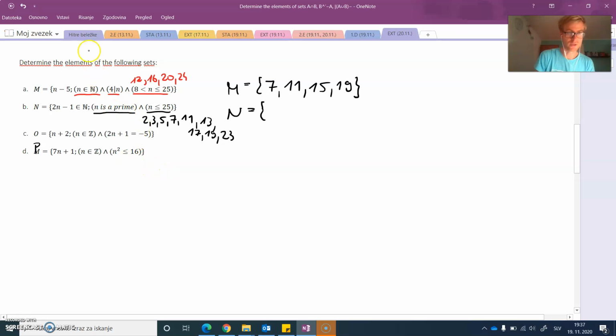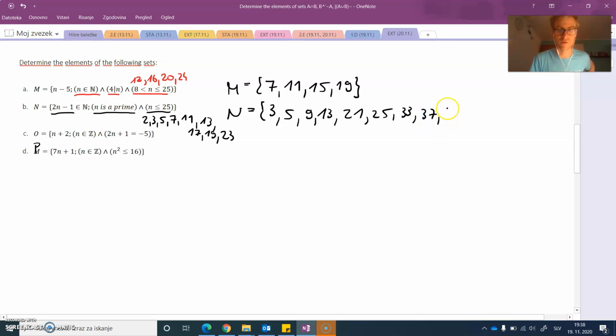And you see, what you're going to do is you're not going to take those elements, but this tells you that you have to multiply them by 2 and subtract 1 from them. 2 times 2 minus 1, that's 3. 2 times 3 minus 1, that's 5, and so on, you see. 2 times 5 minus 1, 9. 2 times 7 minus 1, that's 13. 2 times 11, 22 minus 1 is 21. 25, 33, 37, and 45.